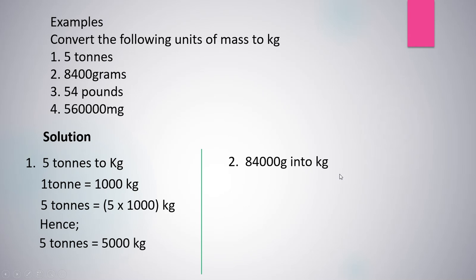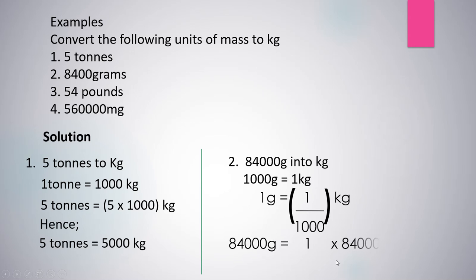Look at the second one. 84,000 grams into kilograms. Now we have 1,000 grams equal to 1 kilogram. How about 1 gram? It will be the same as 1 over 1,000 kilograms.